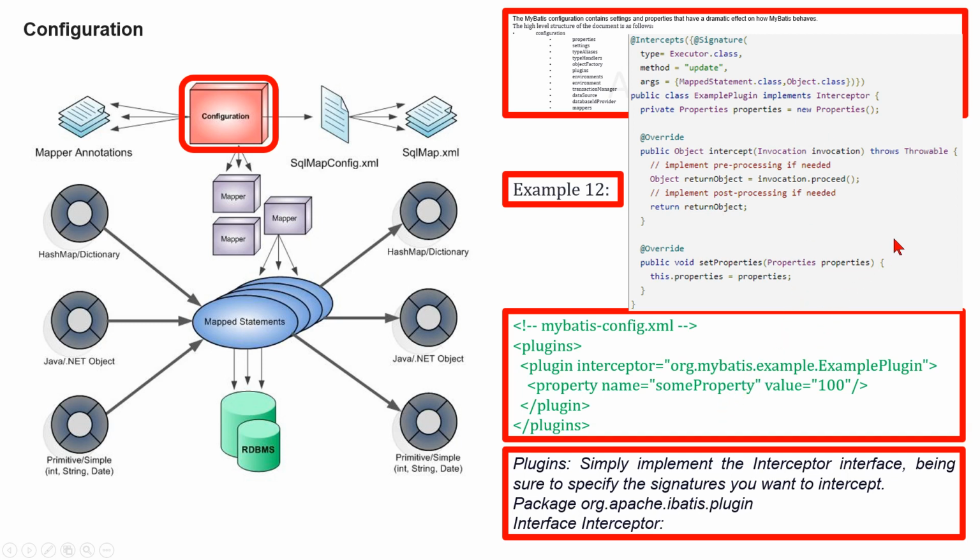MyBatis allows you to intercept calls to certain points within the execution of a mapped statement.